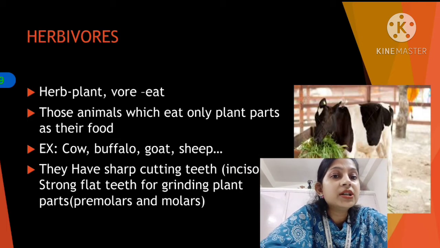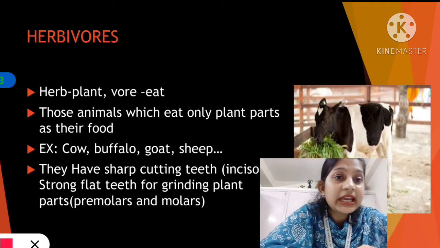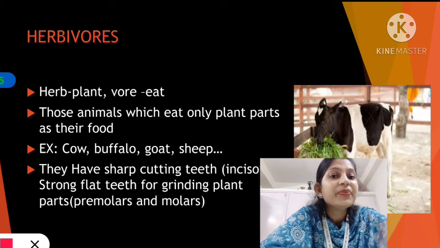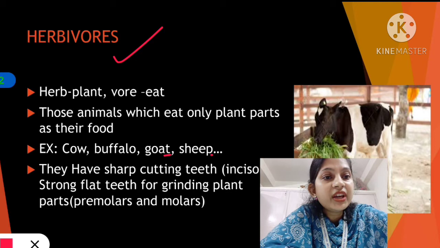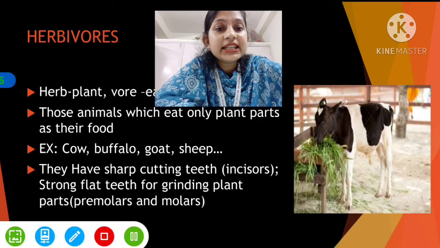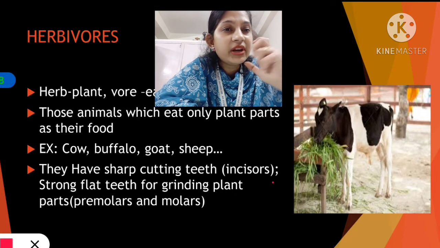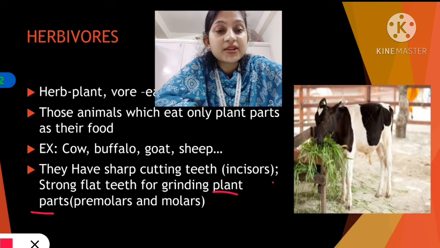Herbivore comes from herb means plant, vor means eat. So those animals which eat only plant parts as their food are called herbivores, like cow, buffalo, goat, sheep. And what modification are they having? They have very sharp cutting teeth, like scissors, and strong flat teeth for grinding plant parts.